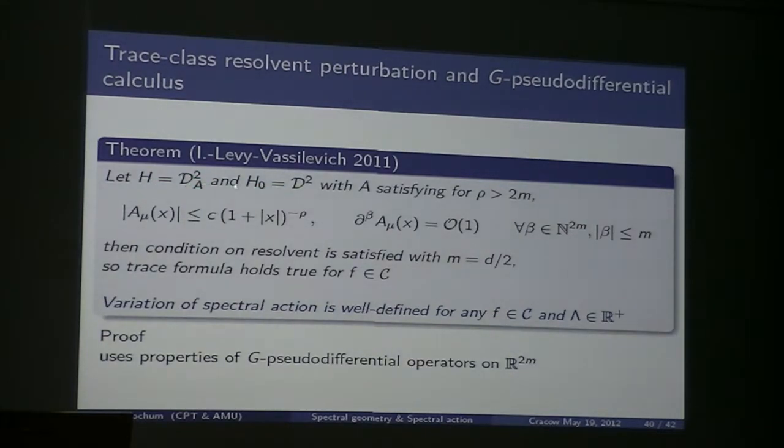So this means that if we have a control on how the component of the connection mu is given by this simple control, with no deep control on the derivative of mu, just a constant, then our previous conditions are satisfied and the trace formula holds true, which means that the variation of the spectral action is well defined.